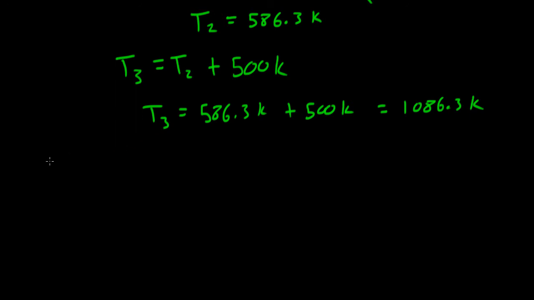We can write the ideal gas equation of state for state 3, so the pressure 3 after combustion is mR T3 over V3.